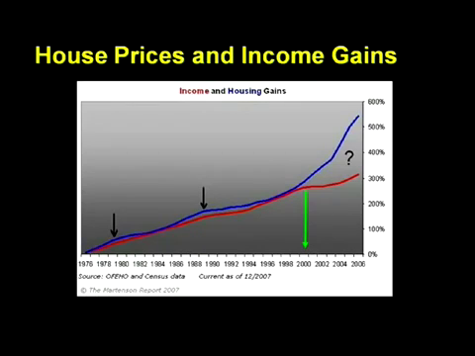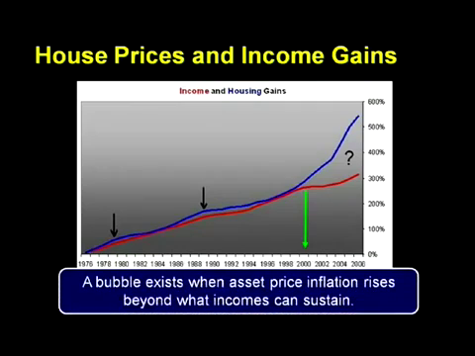Given the propensity of bubbles to overshoot to the downside, we can't discount that a 40% or even 50% decline is in the cards. Here we might also guesstimate that house prices would bottom somewhere in the vicinity of 2012 to 2015. Remember, a bubble exists when asset price inflation rises beyond what incomes can sustain. And that's exactly what we see in this chart. So where was the Fed during all of this?